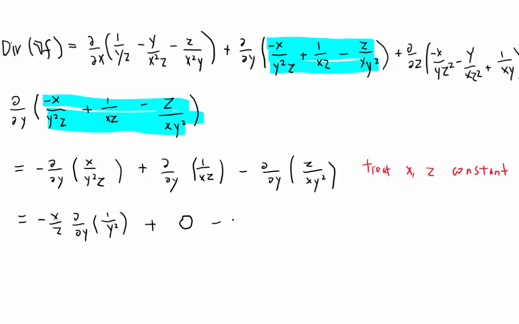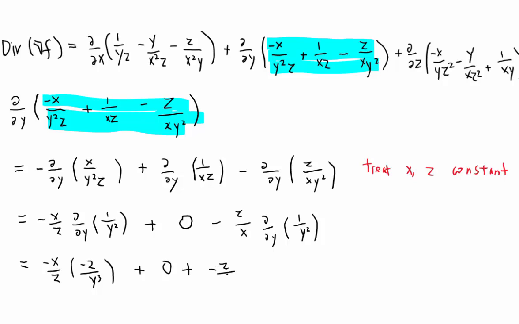For the third term, x and z are constant, so pull them out and differentiate 1 over y squared. Using the same method as before, the derivative of 1 over y squared is minus 2 over y cubed. The center term gives you 0, and the third term is minus z over x times minus 2 over y cubed as before.